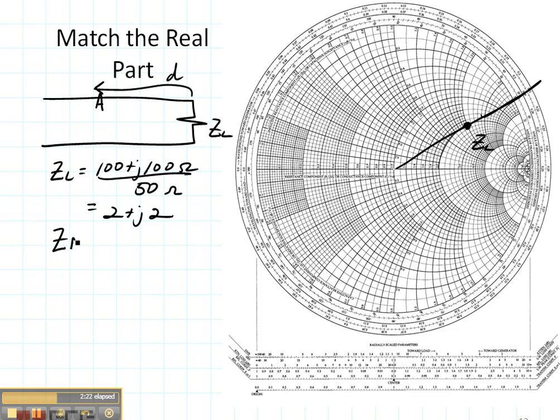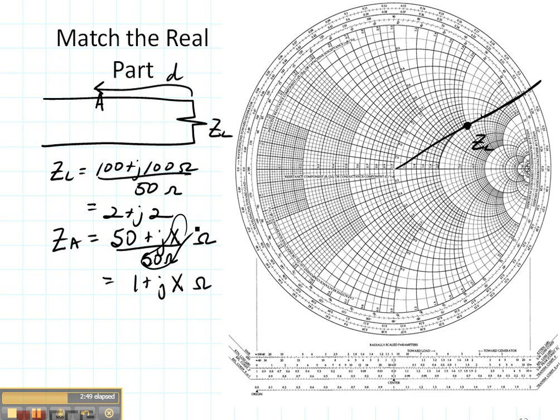So ZA, I want it to be 50, and I don't care what the imaginary part is yet because I'm going to use a stub to remove it. If I normalized this by 50 ohms, this would be 1 plus J and some imaginary value. I know I didn't change this because x was some random value before. When you divide it by 50, it's just another random value. So ZA is 1 plus JX.